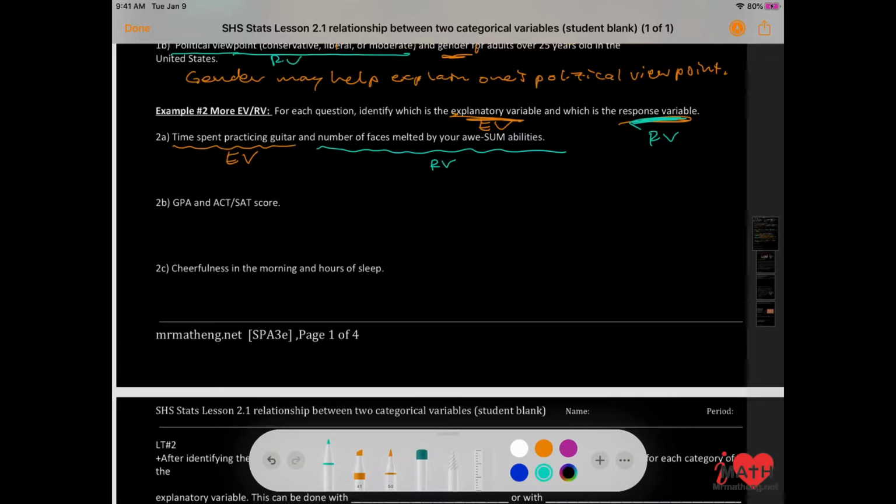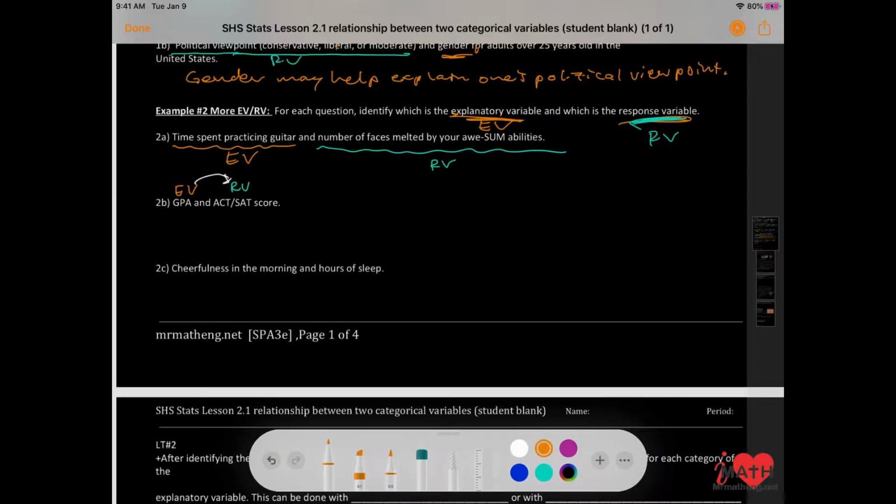All right, GPA and ACT or SAT score. So if you have a high GPA, that explains why you do so well on the standardized tests. Maybe you learned in school, right? You're studious, you got good grades, and the response variable means you get a high SAT or ACT score.